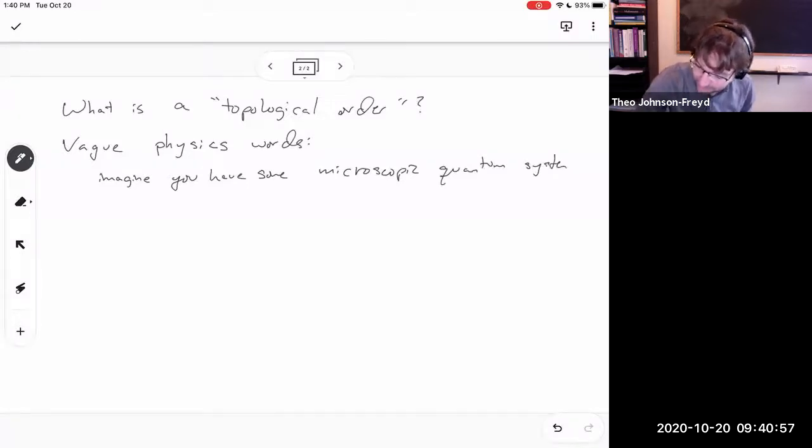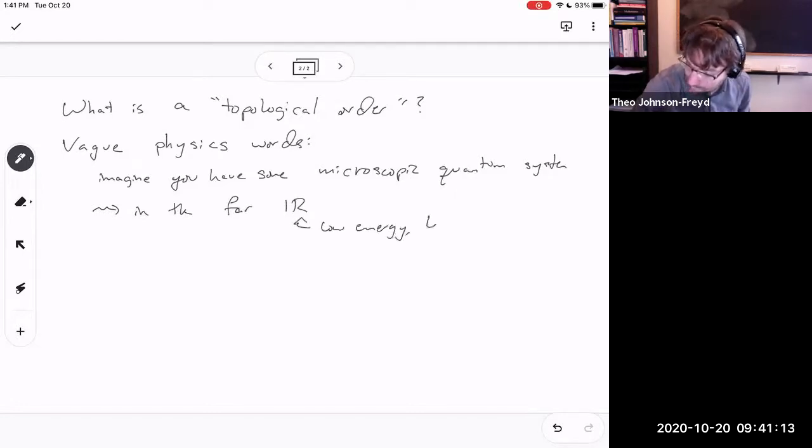And then you could imagine that somehow maybe you flow it to the IR, that in the far ultraviolet, sorry, far infrared. So that's very, very low energy, very long length scales. It might or might not happen. It might be well approximated by a topological field theory.